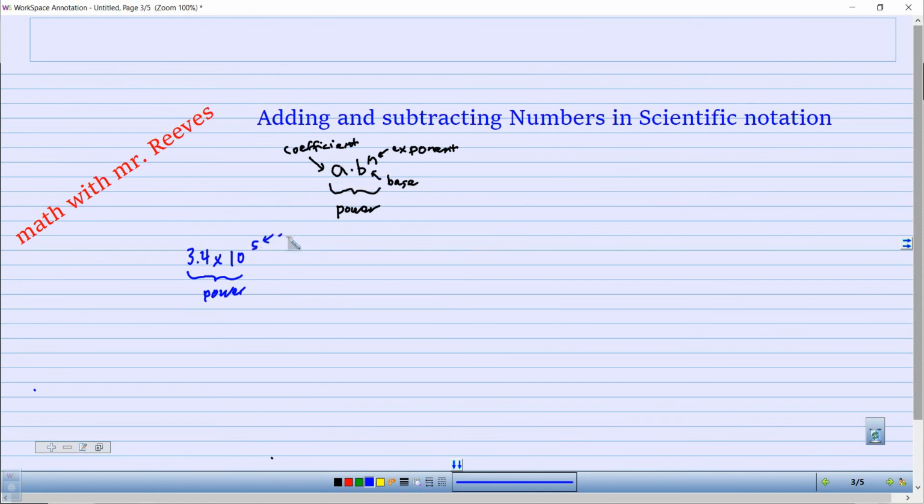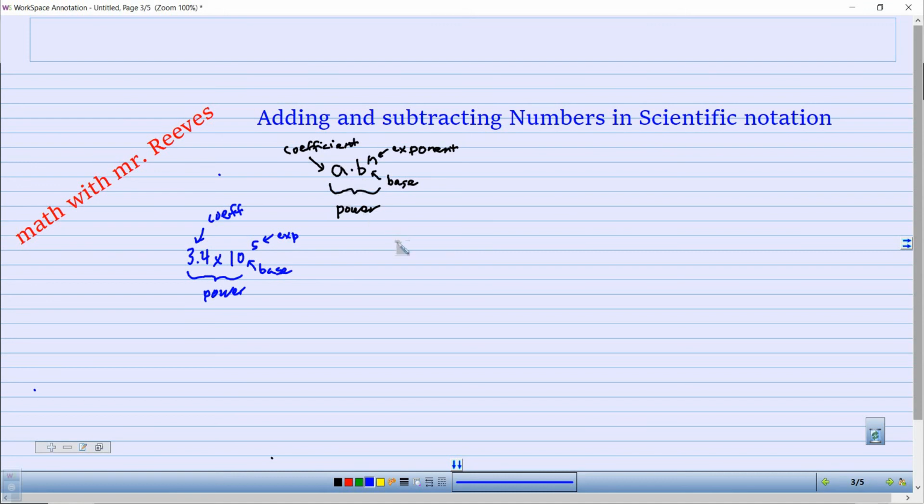Well, the 5 is the exponent, the 10 is the base, and that 3.4, yes, you guessed it, that is the coefficient. So it's the coefficient, that's my a, times the power of 10. And in scientific notation, the base is always 10. So this part is always a power of 10.